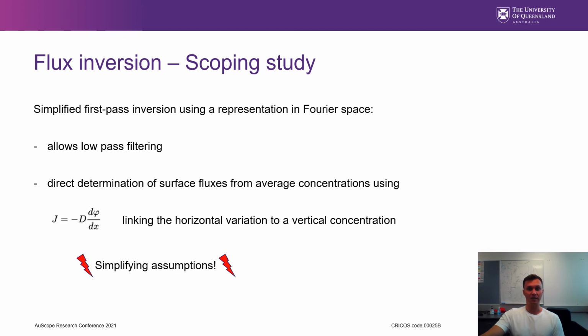For this scoping study, we just used a simplified first pass inversion based on a representation in Fourier space, which allows us a low pass filtering, so we get rid of the noise in the data, and it also allows a direct elimination of the surface flux from average concentrations. Again, this is another simplifying assumption and won't give us great results. However, we just wanted to check whether we can do something with those drone surveys at all.